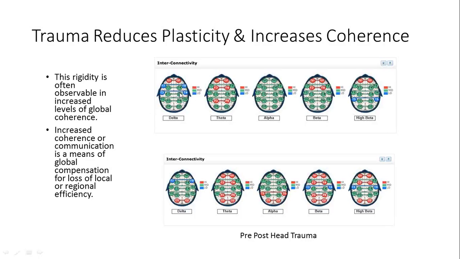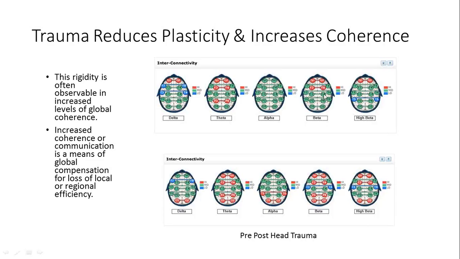And then we can look at the interconnectivity down here, and we can see that these are significant changes in coherence, and that's after the head trauma. So this is before head trauma at the top, and the bottom is after head trauma.